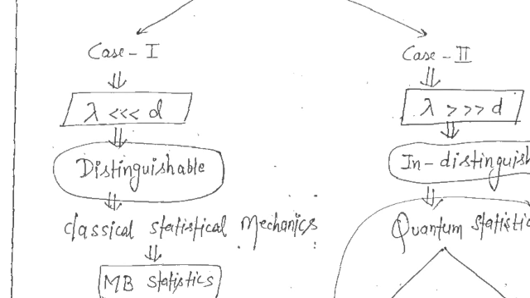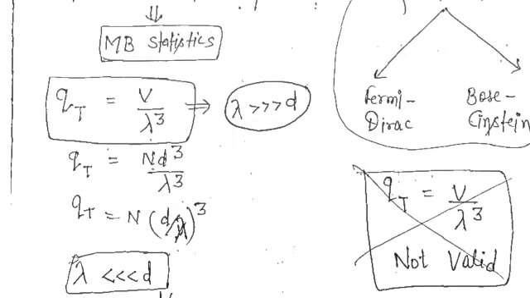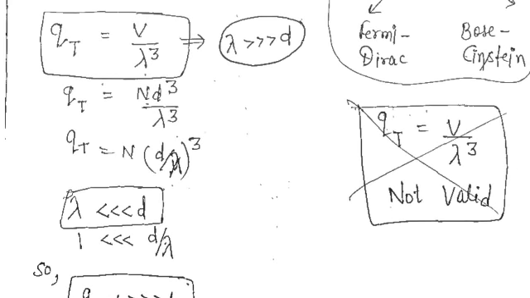So all particles will now be distinguishable, and we know that for distinguishable particles we follow classical statistical thermodynamics. What is in this classical? It is MB. MB means Maxwell-Boltzmann statistics. And so what we had calculated was the translational partition function for MB, Maxwell-Boltzmann statistics.